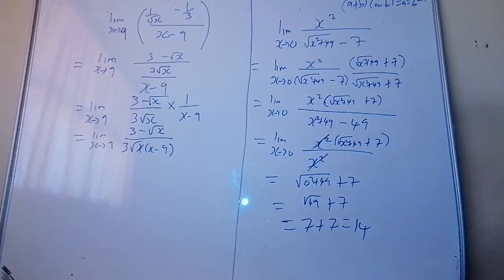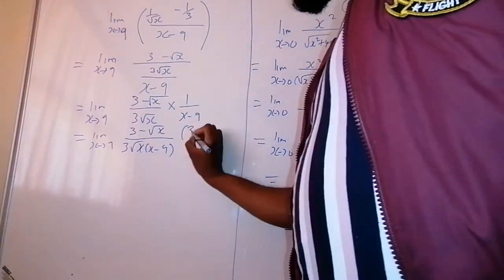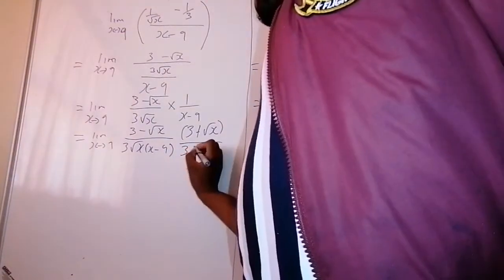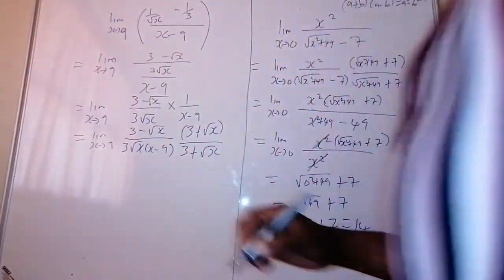So from there, let's try to rationalize the numerator. So it's going to multiply by 3 plus square root of x. This is a way of trying to introduce 1. So let's do that. This is limit as x approaches 9. So 3 times 3, that's 9.